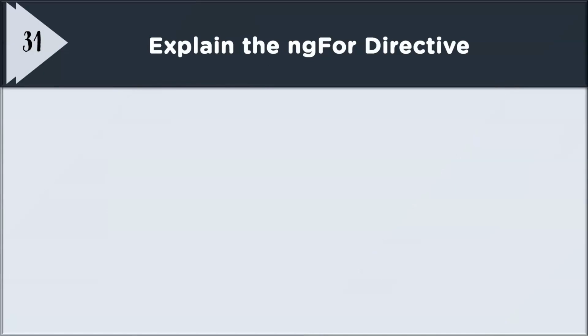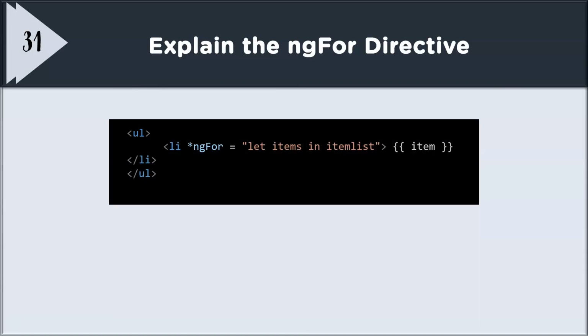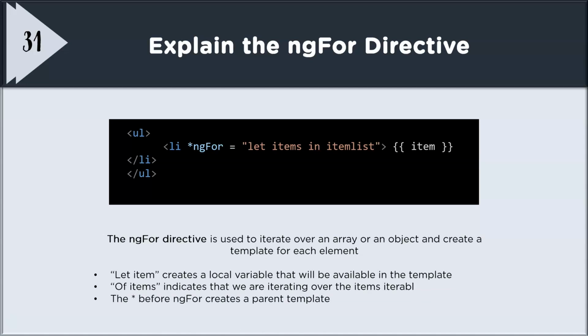Next up, explain the use of ngFor in a tag, or explain the ngFor directive. Now, the ngFor directive is basically like a for loop. It is used to build lists and tables in HTML templates. So in simple terms, this directive is used to iterate over an array or an object and create a template for each such element.